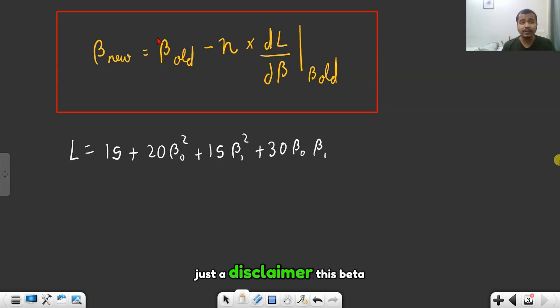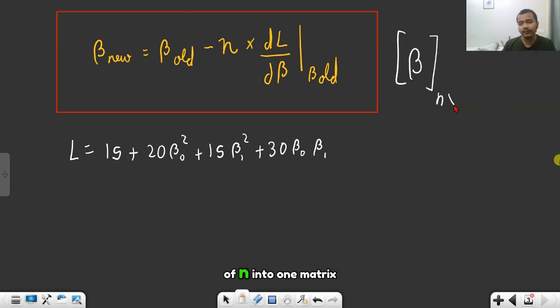Just a disclaimer, this beta need not be a point, it can also be a vector. We are dealing in n dimensions. Beta can be an n into 1 matrix, which is a vector of n dimensions and one column, which is basically one vector.